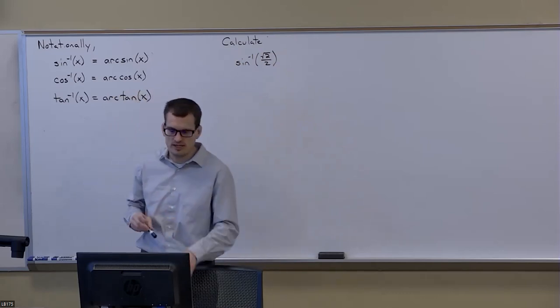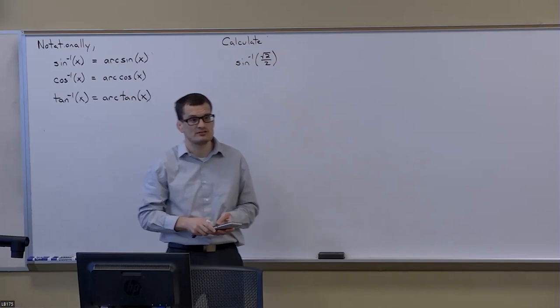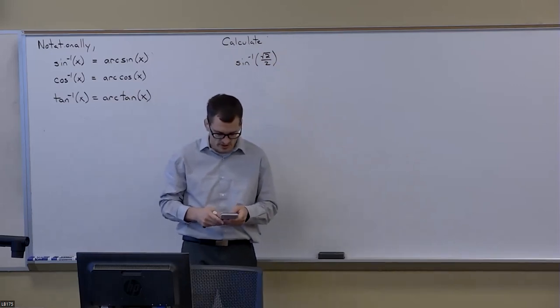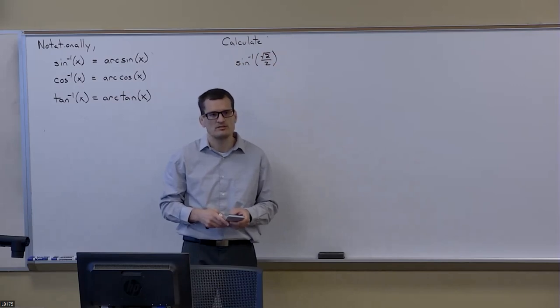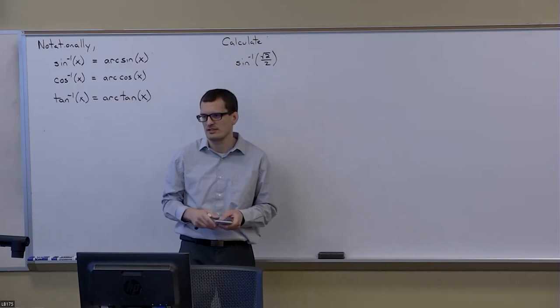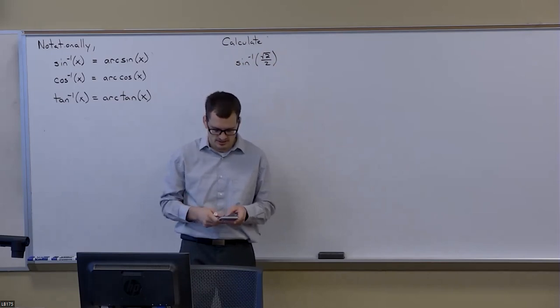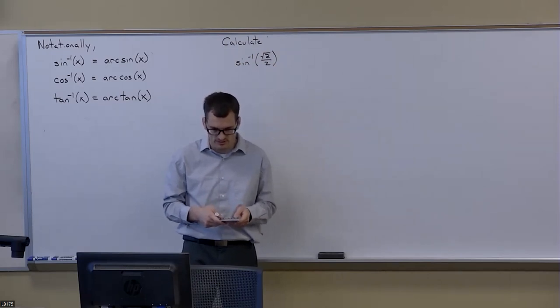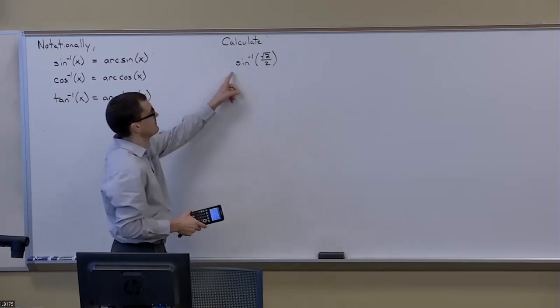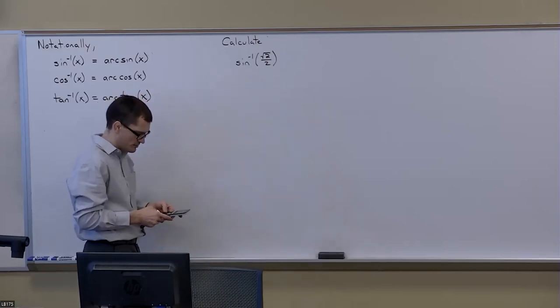I know in chapter 6.1 and 6.2 we were dealing with radians. But the last section in chapter 5 was right triangles, we dealt with degrees. But most of the time we're going to be dealing in radians here. So let's deal with radians. So make sure your calculator is set to radians. And sine inverse of √2/2.